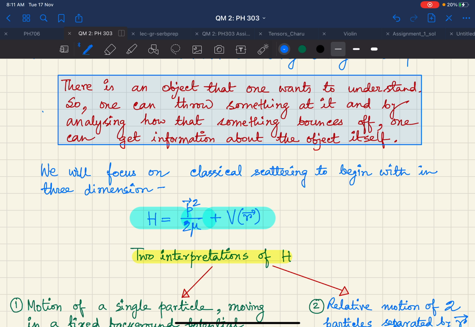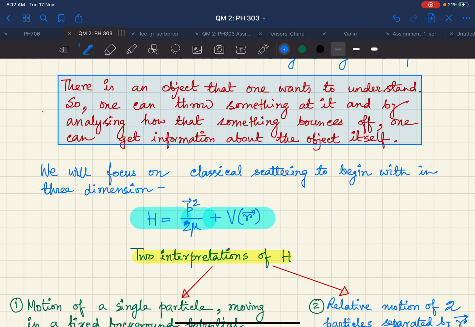Okay, classically, the simplest scattering that we can consider is that of a beam of particles from a fixed center of force, or in fact, if you do not want to think about force, you can simply think about a very heavy ball, a billiard ball, and then you throw something at this ball, and then you see how that something, the other object, actually behaves after it gets scattered from the billiard ball.